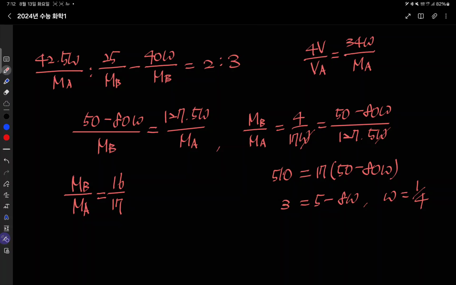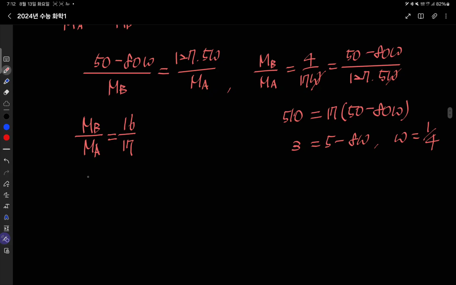So let's say the molecular weight of B is 16K, and the molecular weight of gas A is 17K.